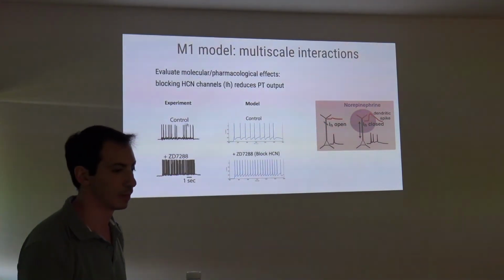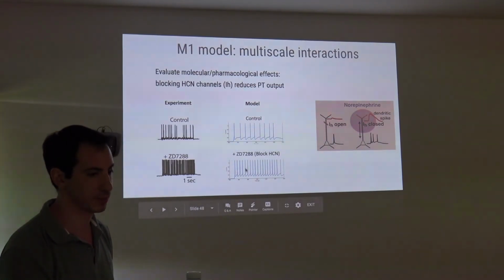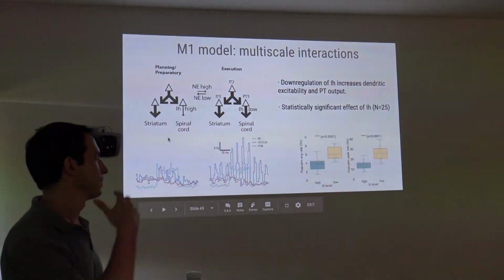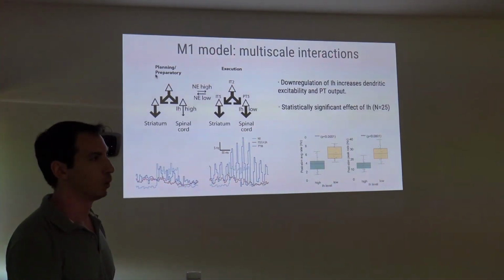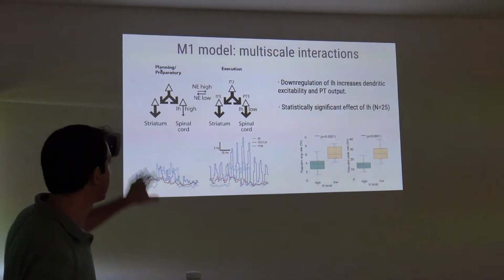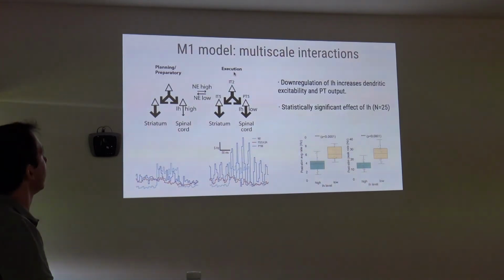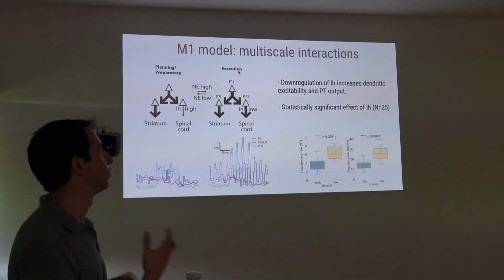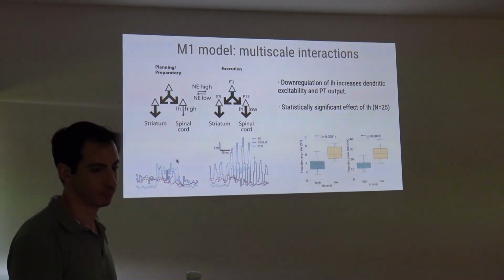This is the normal condition, and when you block HCN, the response of the neuron increases. When you do this in the circuit, you get the mechanism I was talking about before, whereby you can modulate and go from a planning or preparatory state, where the IH is high, to an execution state where the IH is low. So this would support the theory that the IH can be involved in this sort of activity.